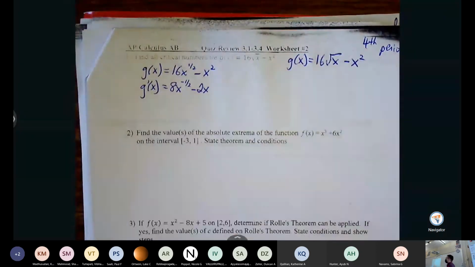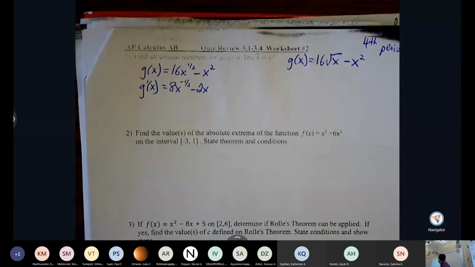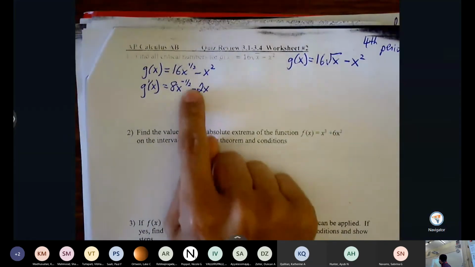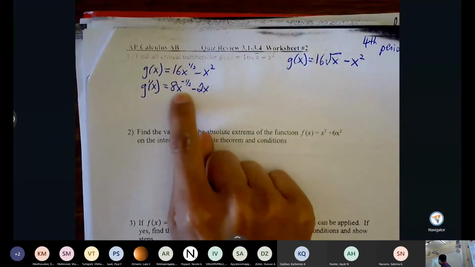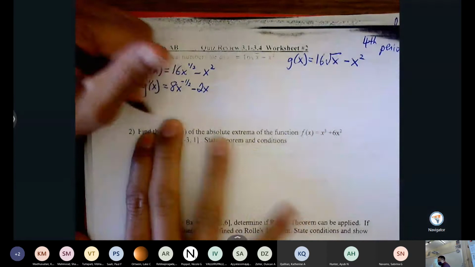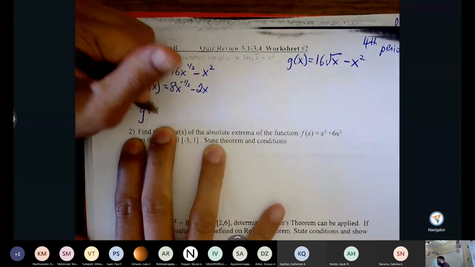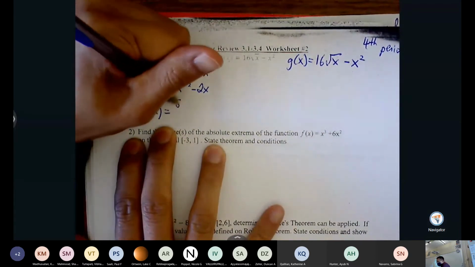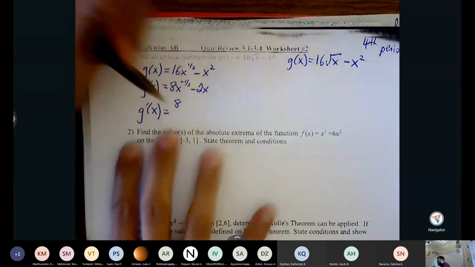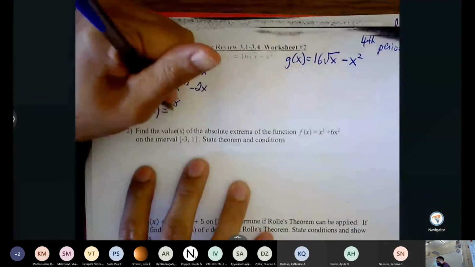Okay, any questions so far? Good. We see where our potential issue is going to be, right? That negative 1/2 is going to cause some denominator issue. And the 8 is going to stay up, right? It's just the x that's going to come down.